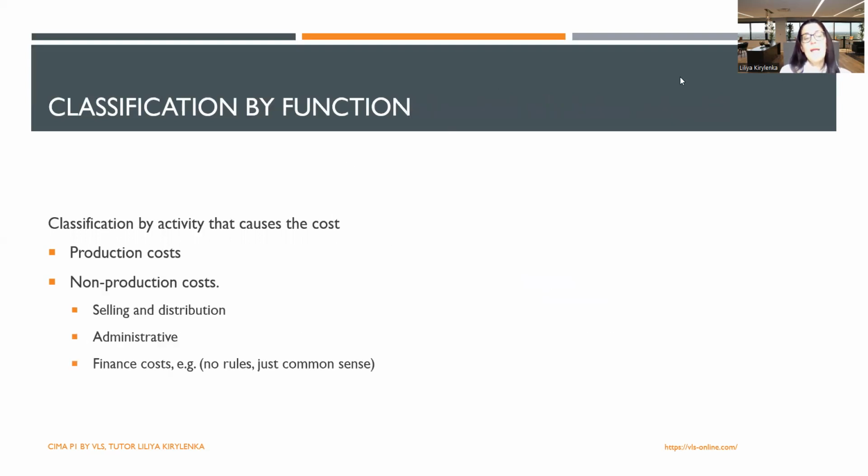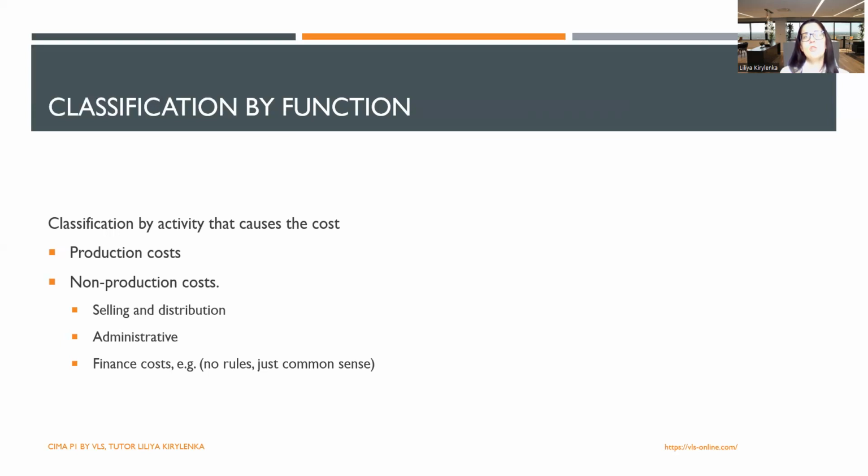Then we can classify cost by function. So we classify them into production cost and non-production cost, and you remember that from the cost card. So production cost will be direct cost and overheads, and direct costs are prime costs and consist of materials, labor, and expenses.